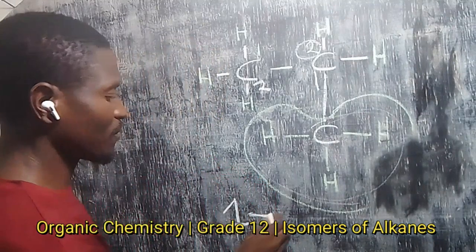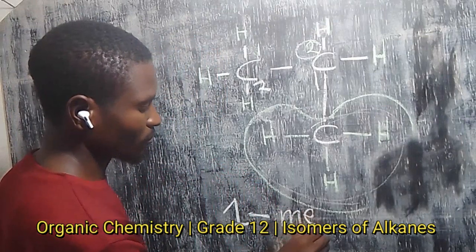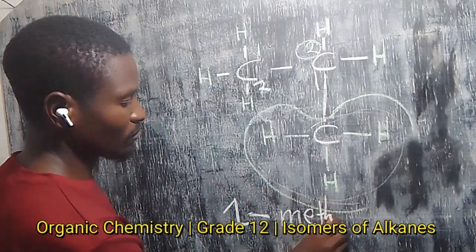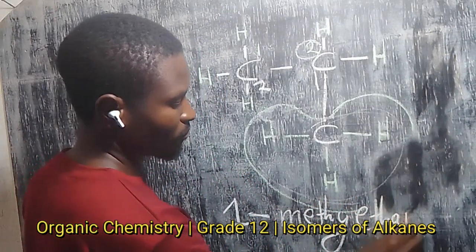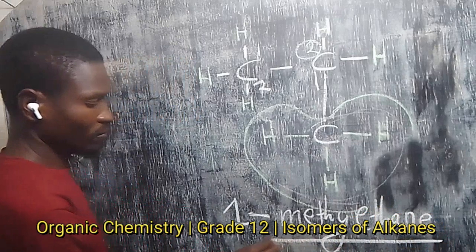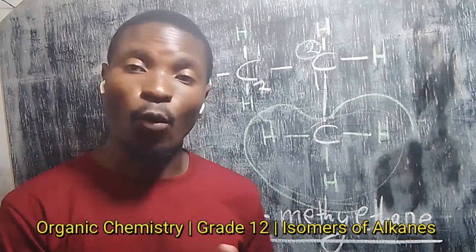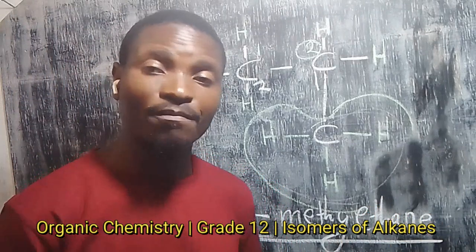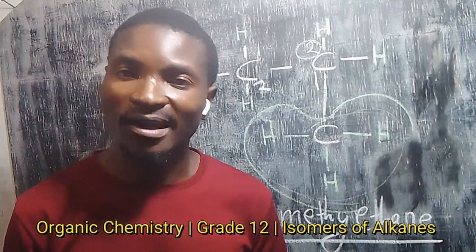So this is going to be 1, and we are going to call it 1-methyl ethane. That's a simple name for this isomer.